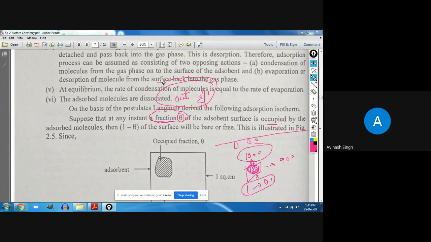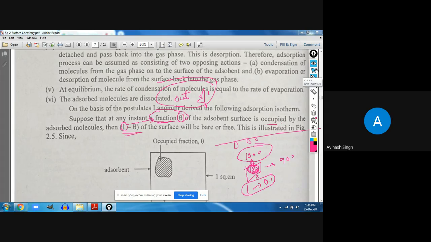So at any given point of time, if theta is the fraction of occupied adsorbed molecules, how much fraction of elementary spaces will be free? 1 minus theta. See, the 1 is there because it is a fraction. So 1 minus theta will be free, right?